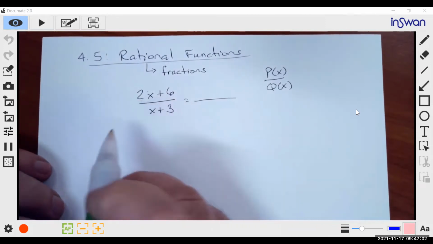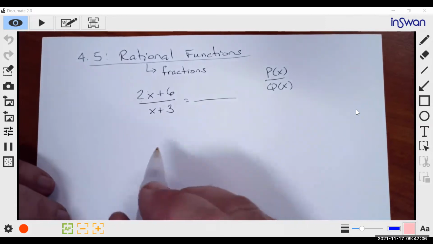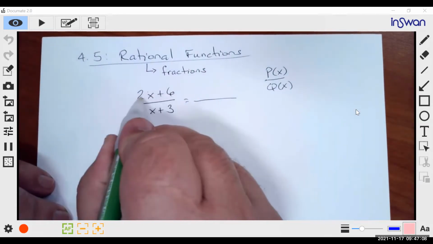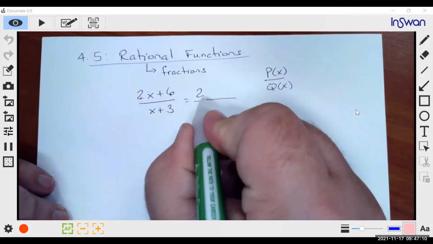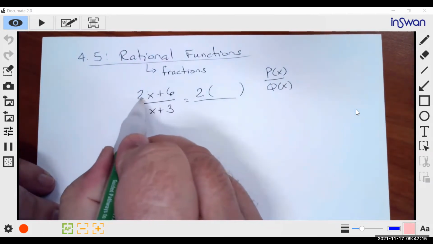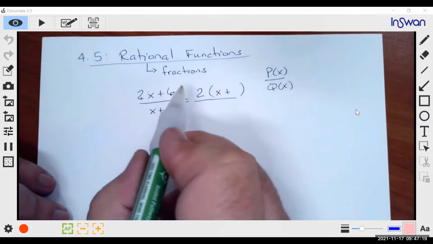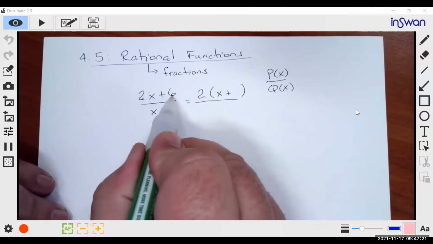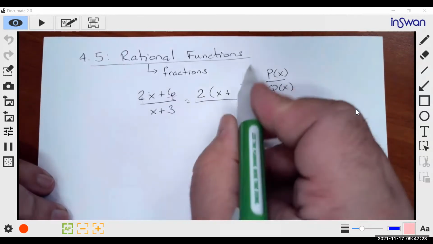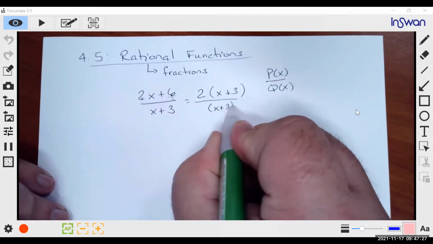Can anything factor out of the top? A 2. They both have a 2 in common. So I'm going to take out a 2. I just have an x, and since I took out a 2, 6 divided by 2 gives me 3. And on the bottom, I have x plus 3.